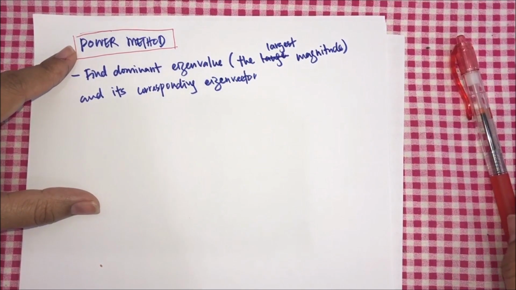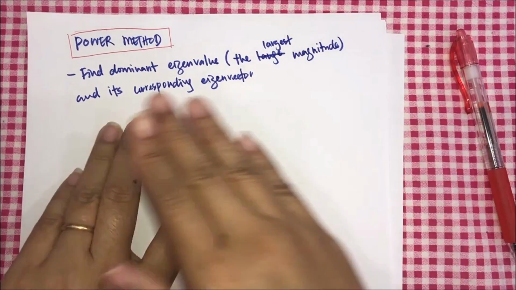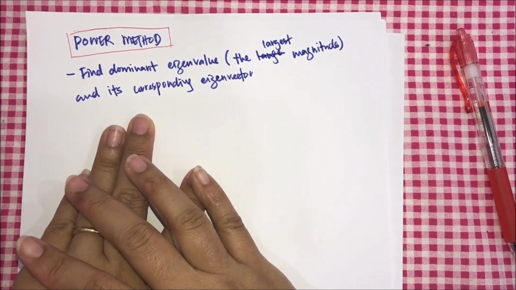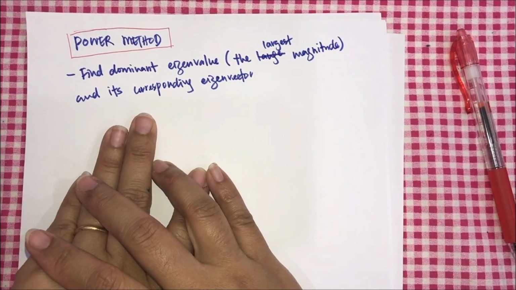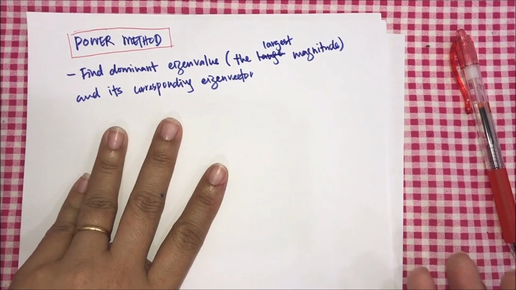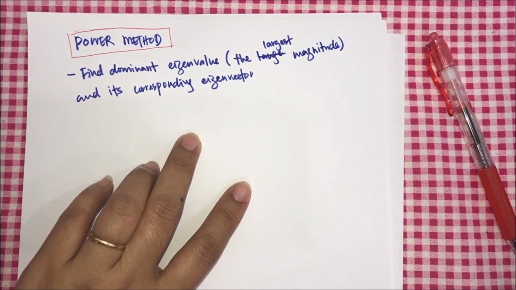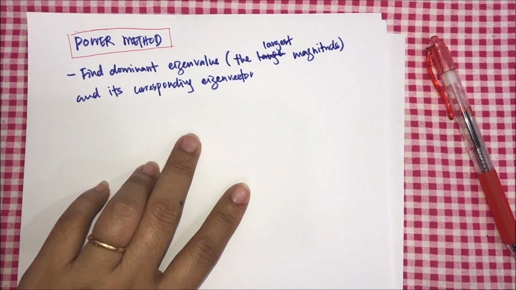Normally we have to assume the initial eigenvector value. In the questions, in the test or final, either they give you the initial value, or you have to assume your own.